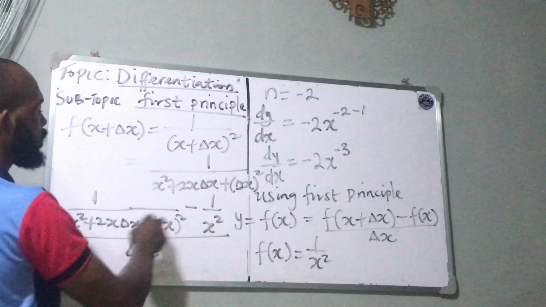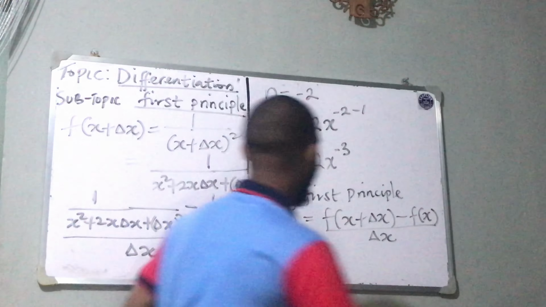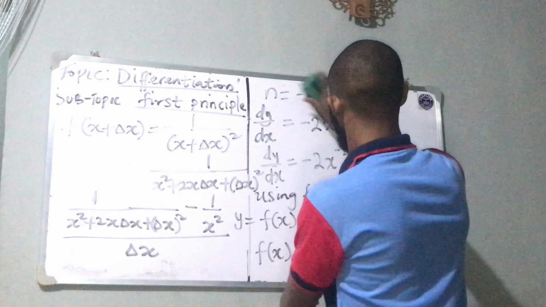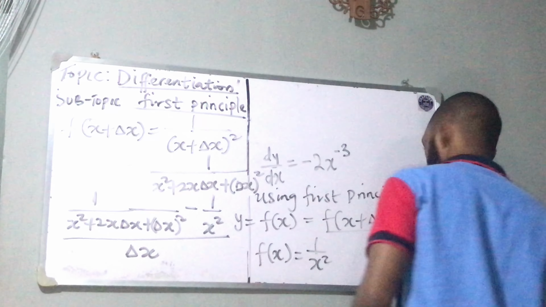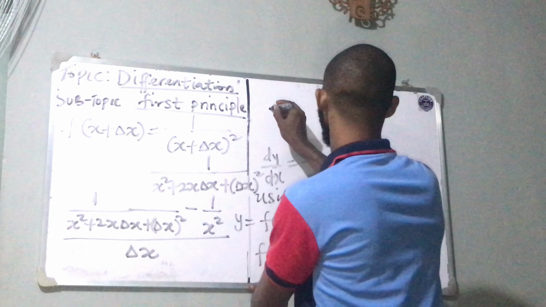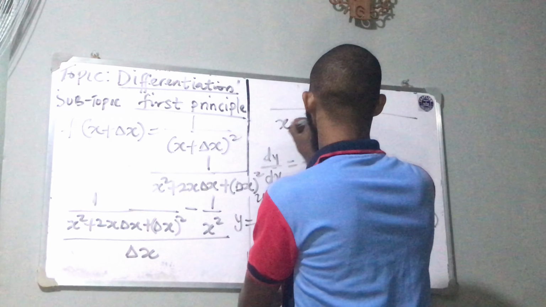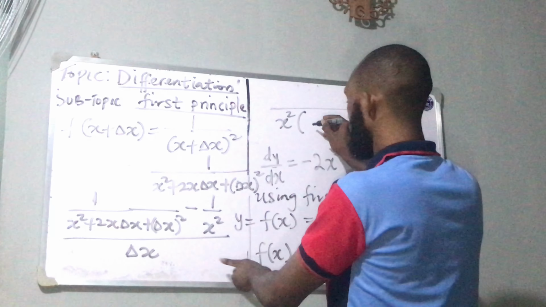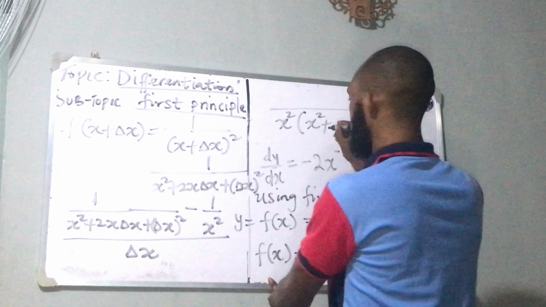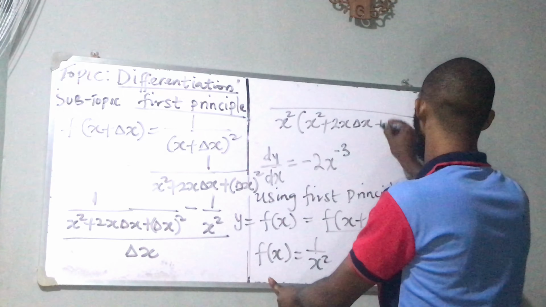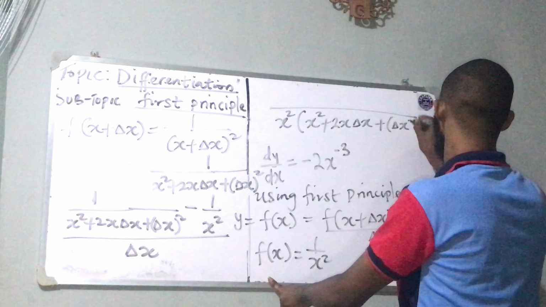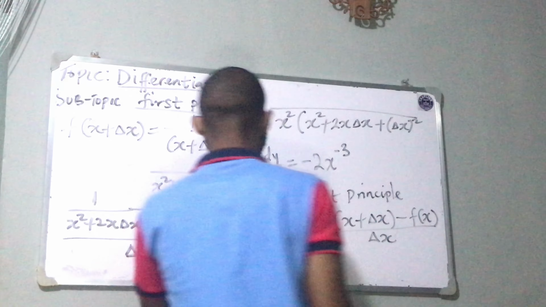So I'll look for my LCM here, and that will give me x squared plus 2x change in x plus change in x all squared.